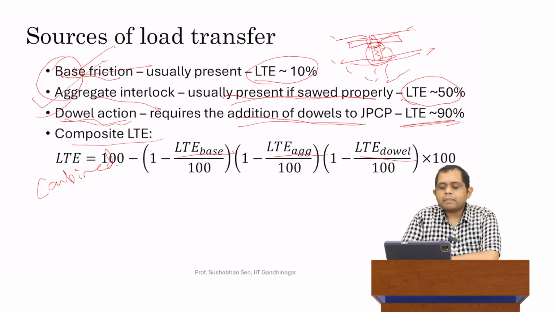So it's basically 1 minus the combined LTE divided by 100 is the product of 1 minus LTE of each type of load transfer. So the product of 1 minus LTE of each mechanism gives you 1 minus the composite or the combined LTE, and from that we can calculate the combined LTE. So these values which I've put up here, LTE of 10%, 50%, 90%, these are these combined LTE values. And through the formula which I've shown over here, that's how they are related to the base, aggregate, and dowel action load transfer efficiencies.